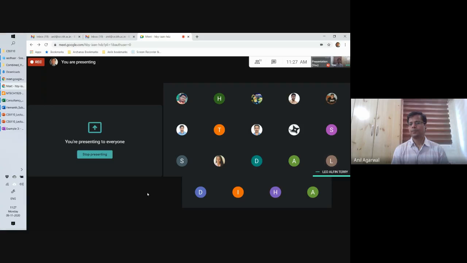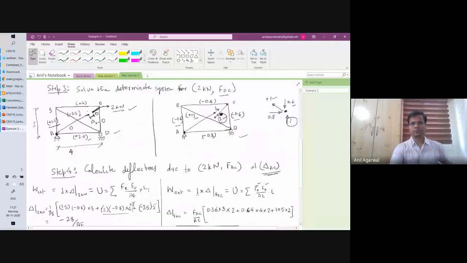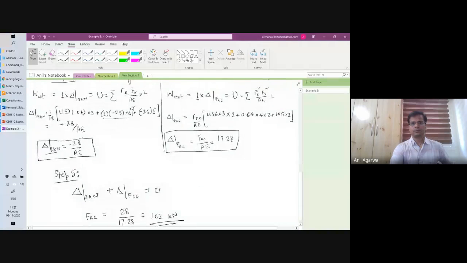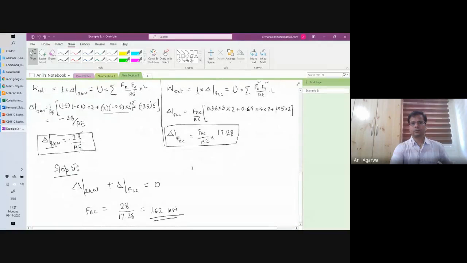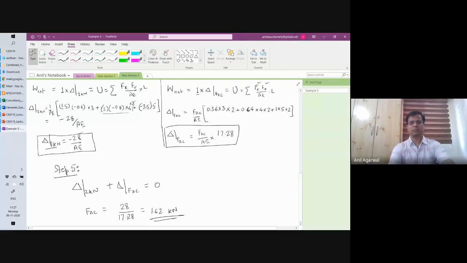So that last part, sir, the step 4 last part, FAC is equal to 28 divided by 17.28, is not clear.